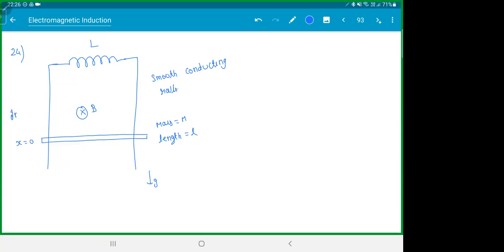Initially at rest. So the question is, describe the motion of the rod. That is an important one. How does this rod move? Describe the motion of the rod and the position of the rod as function of time t. Initially, it said x is equal to 0.